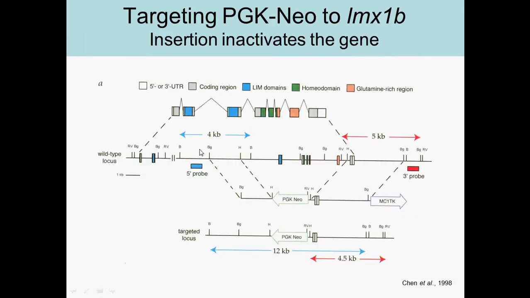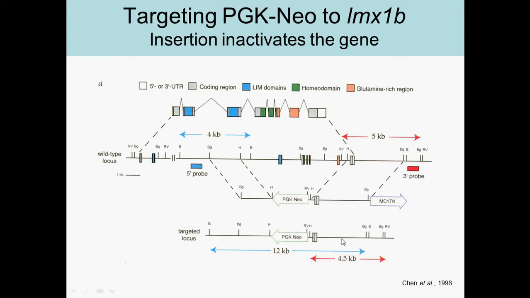So what's happening here is you have the wild type locus over here, and then you have your gene construct here. You have the TK here, thymidine kinase, the neomycin site over here, and you want to put this in here.